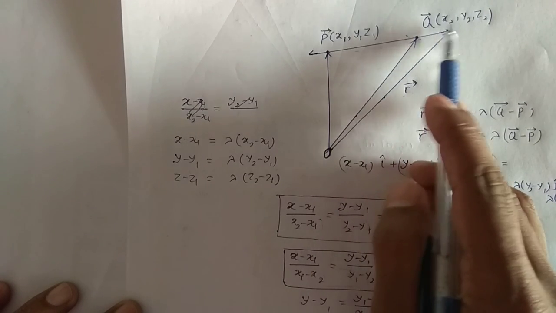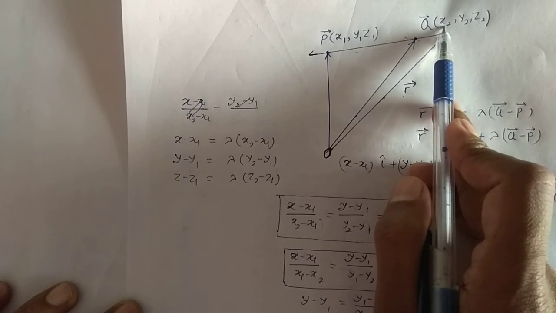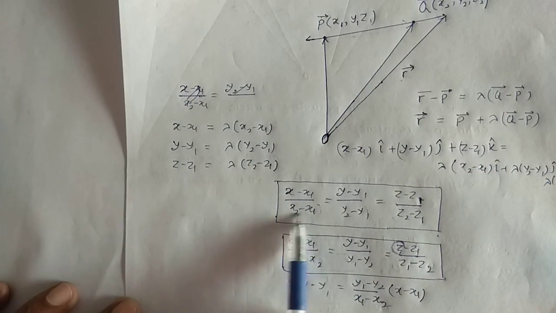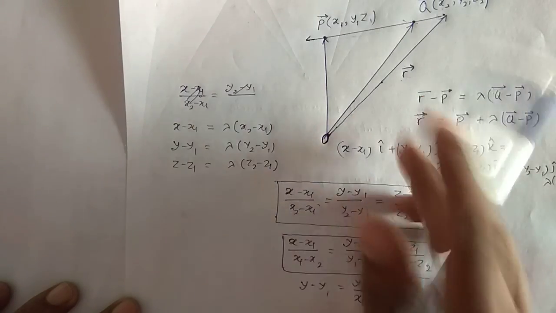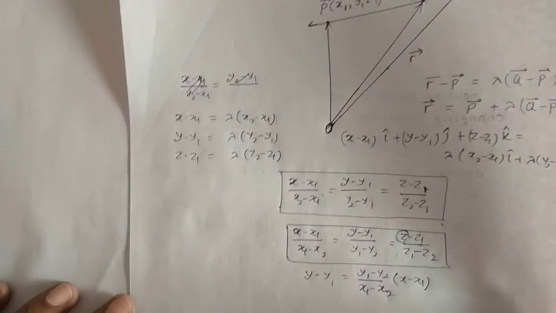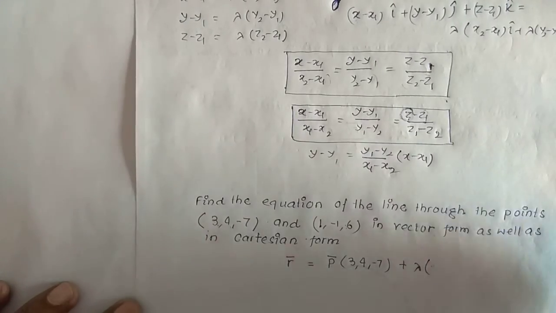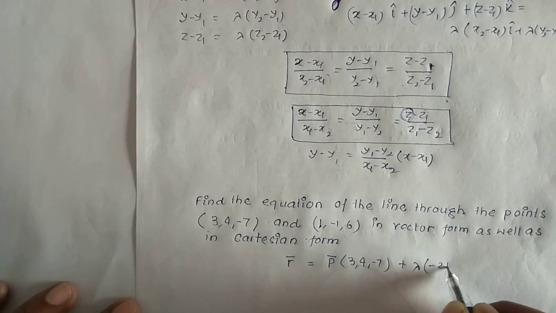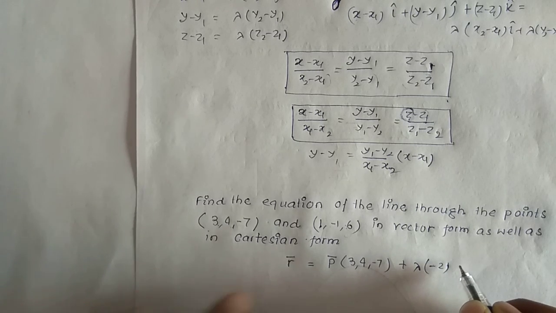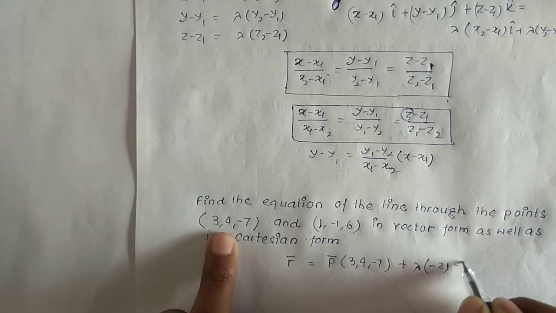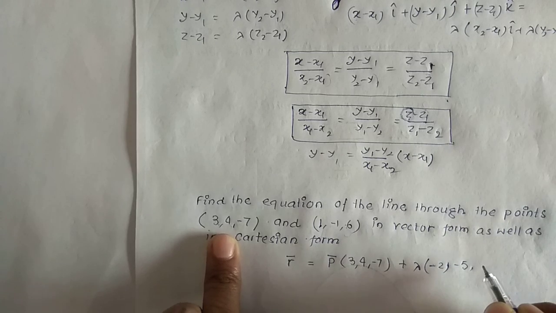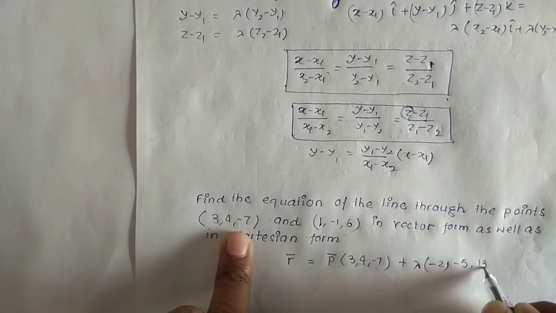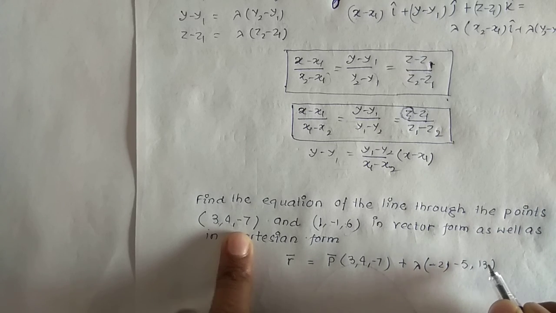You observe x2 minus x1 is present here, and similarly y2 minus y1. So you may write like this: this means minus 2, this means minus 5, and this minus this means 13. I suppose it is right.